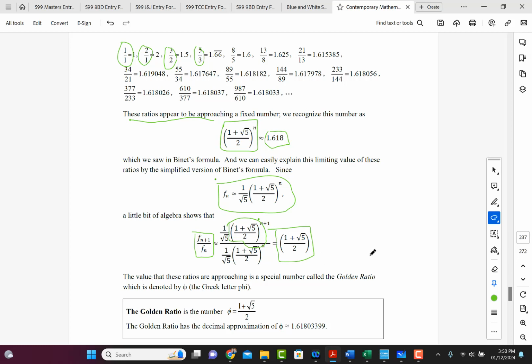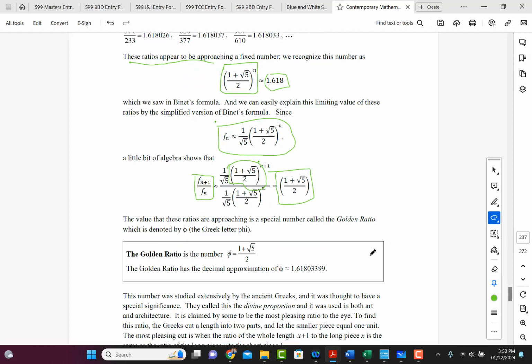So the value that these ratios are approaching is a special number called the golden ratio, which is denoted by the Greek letter phi. The golden ratio is the number phi, which is 1 plus the square root of 5 divided by 2. So the approximate value of the golden ratio is 1.61803399.